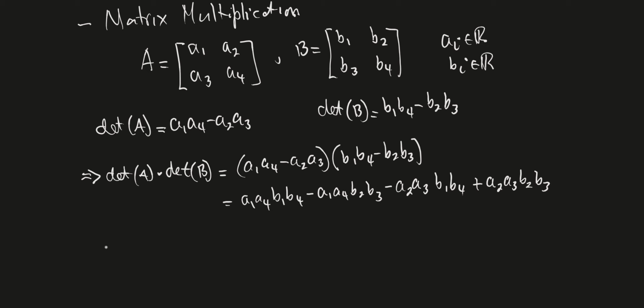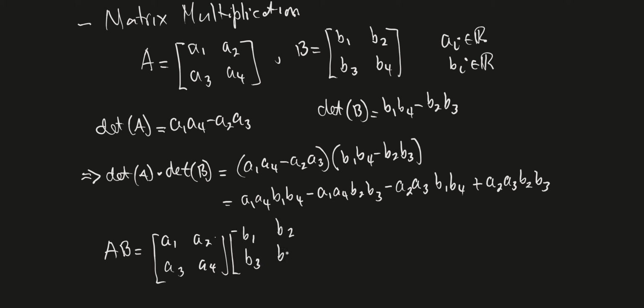So let's do A times B. We know how to multiply matrices, but now we have to do it in this general way, with B1, B2, B3, B4. There's not much we can do except write down the expression: A1 times B1 plus A2 times B3.